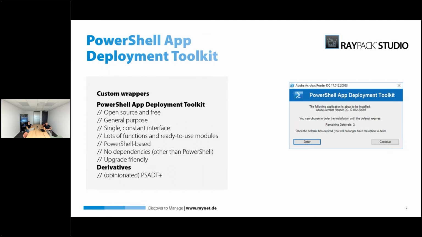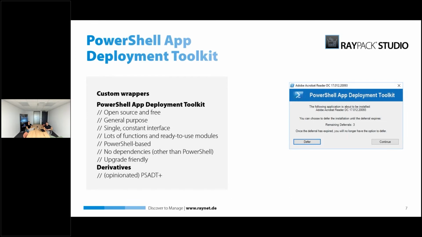You can pretty much deploy whatever you like in Windows, whatever is possible. And that set of functions is oriented towards typical mechanics, like working with the system, the file system, registry, updates, Windows Update, SCCM, and some other stuff. So everything and all the goodies that PowerShell App Deployment Toolkit offers. The good thing about that is, well, it's standard, so to say.